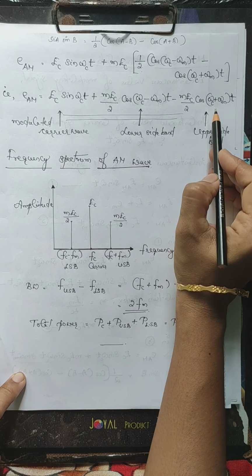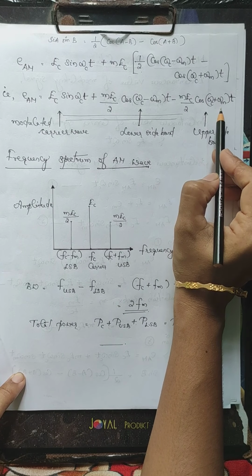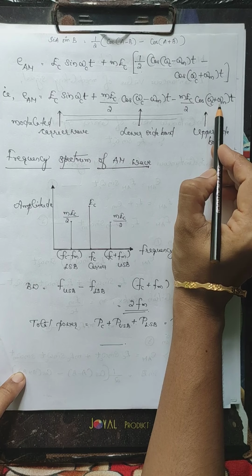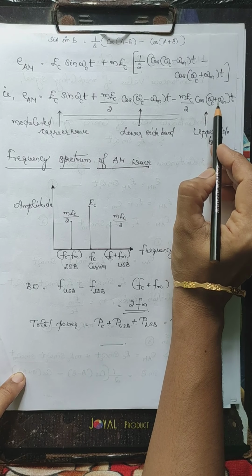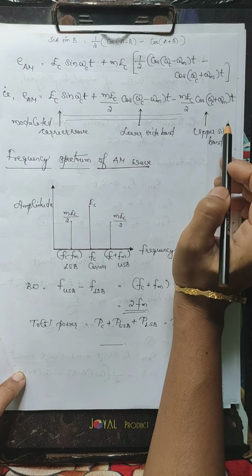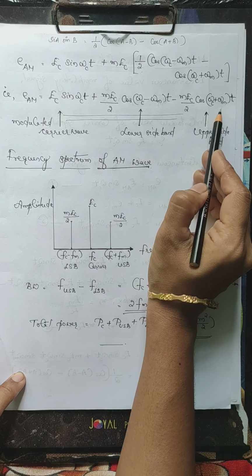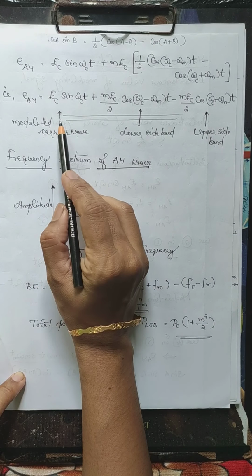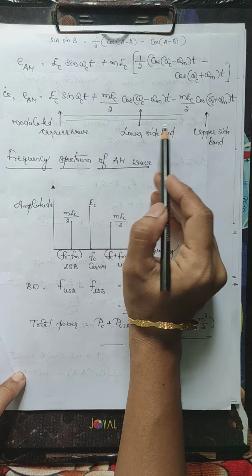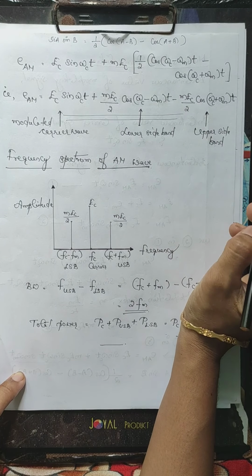The next signal has a frequency which is higher than the carrier frequency, omega c plus omega m, carrier frequency plus frequency of the modulating signal. This signal is known as the upper sideband. So the amplitude modulated signal consists of the modulated carrier wave and 2 sidebands, the lower sideband and the upper sideband.